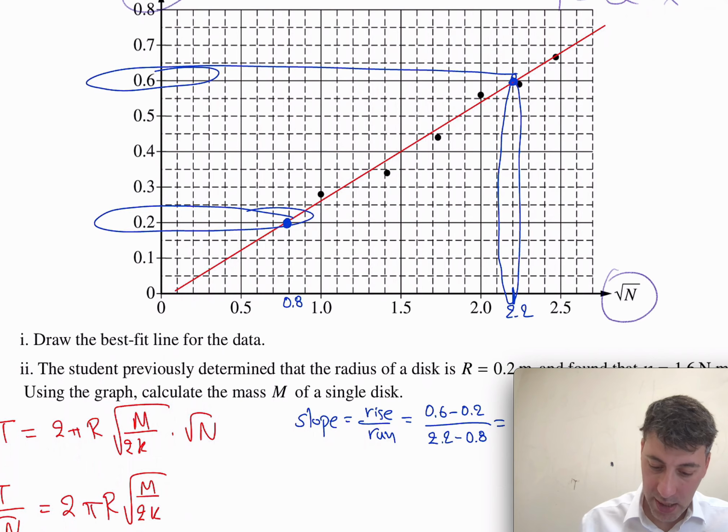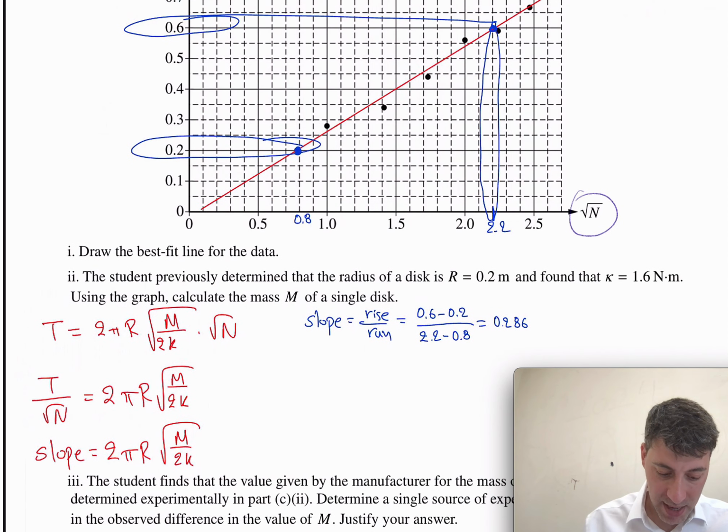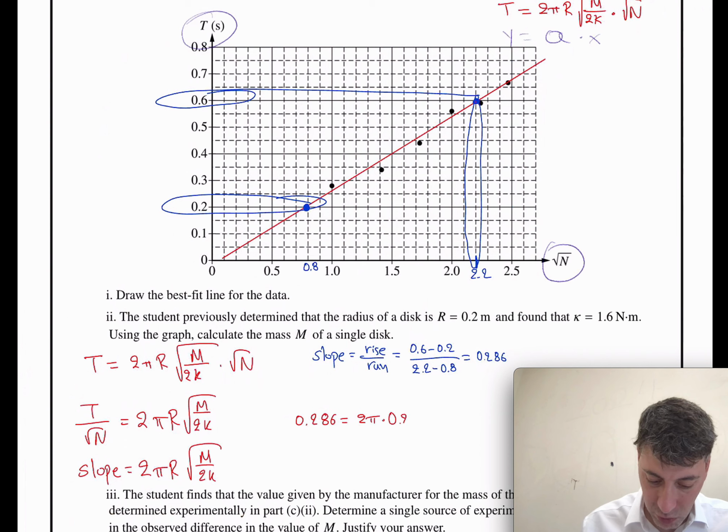And now it will be easy to find the value of the mass. So 0.286 is equal to 2 pi, the value of the r is given, 0.2, root, the mass is what we need to find, divided by 2k, so 2 times 1.6, so 3.2.